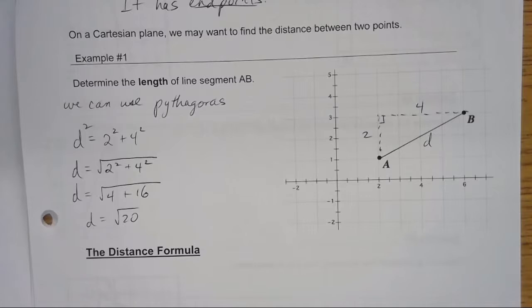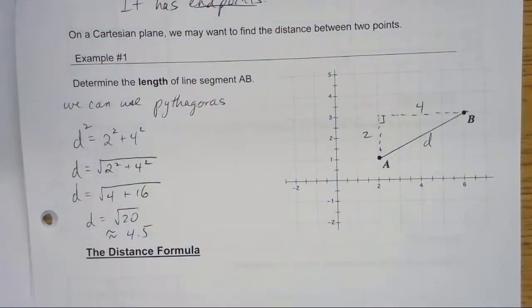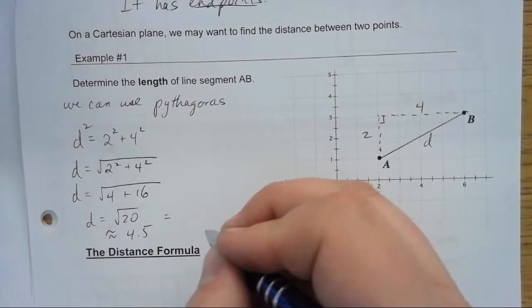Aha! There we go. So we know, because we just finished a unit on radicals, that this is not even a rational number. There's no decimal I could give you that terminates or repeats. I can't make that a fraction. So either I give you an estimate, like it's approximately 4.5, or I could say that it is exactly the square root of 20.